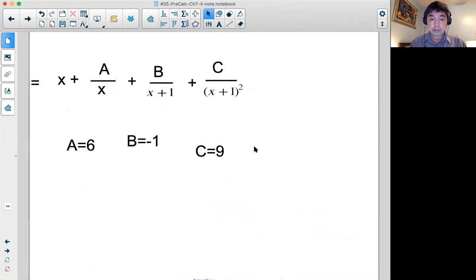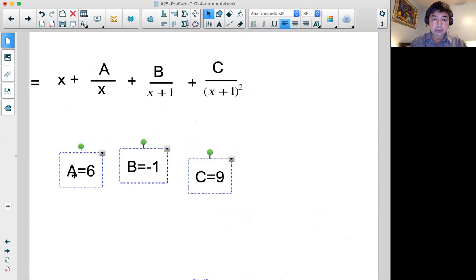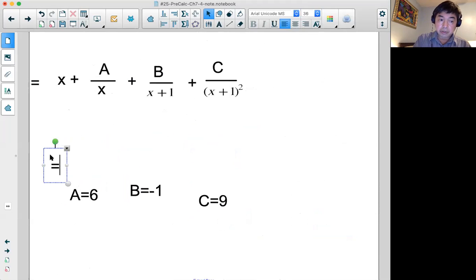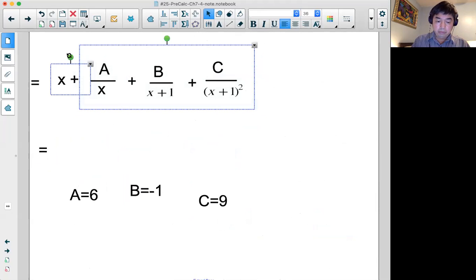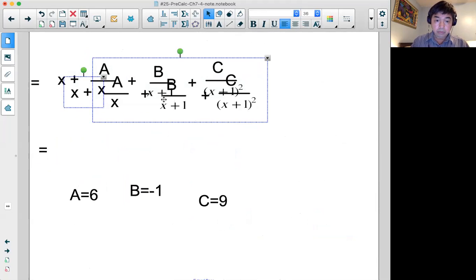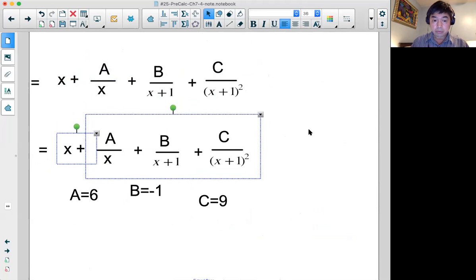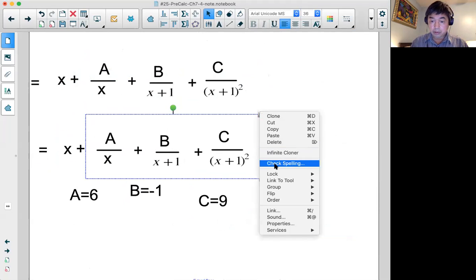So I will keep this original equation. You have to replace this. Ungroup this.